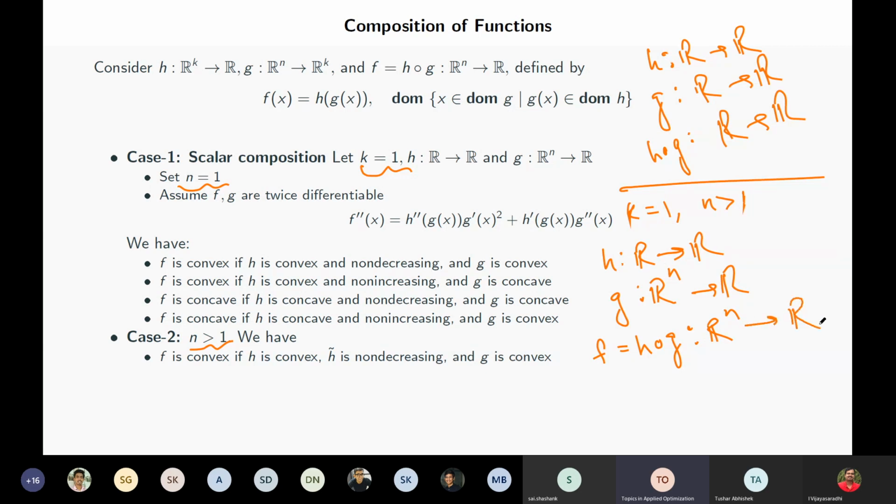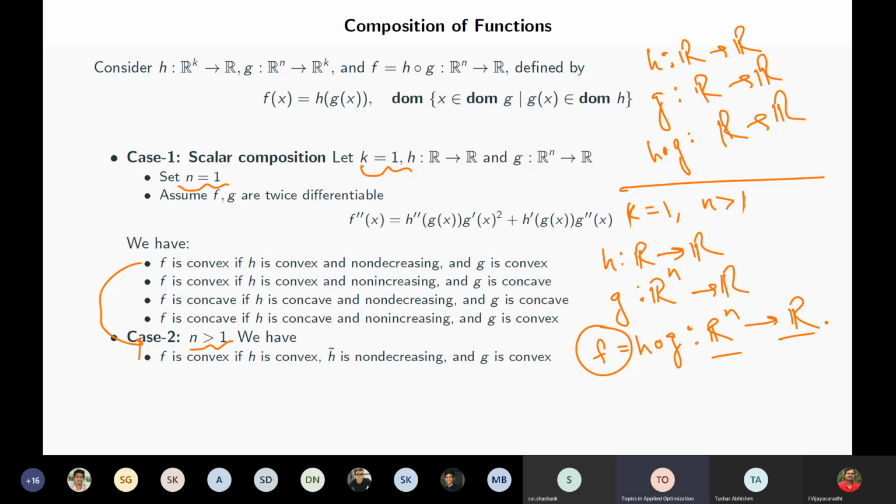So this finally goes to R. So we are talking about functions from R^n to R, multivariate, single-valued, real-valued functions. And for this case, what I'm trying to say is that these ideas can now be extended to multivariate functions.